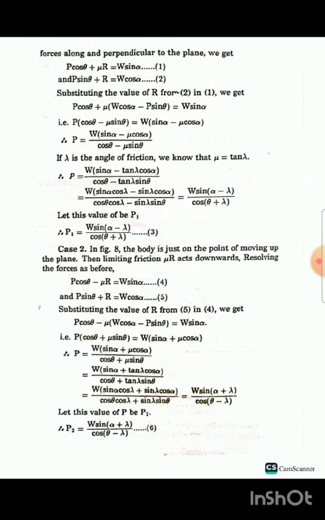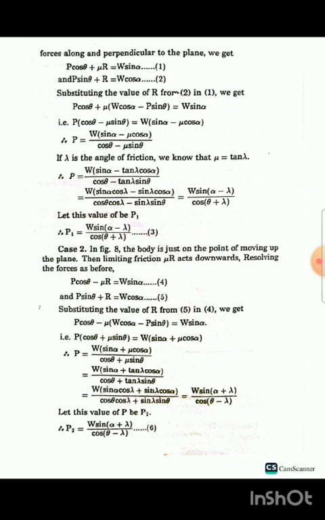Now expanding this, we substitute tan lambda equal to sin lambda divided by cos lambda, and taking the LCM, P becomes W into sin alpha cos lambda minus sin lambda cos alpha, divided by cos theta cos lambda minus sin lambda sin theta.